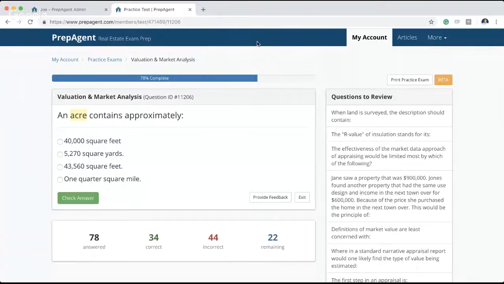An acre contains approximately 40,000 square feet, 5,270 square yards, 40,560 square feet, or 1/4 square mile.